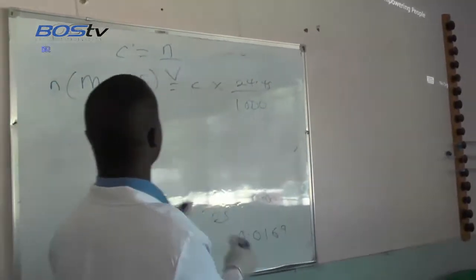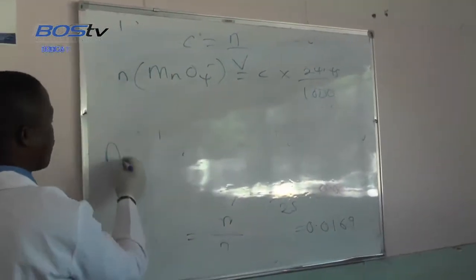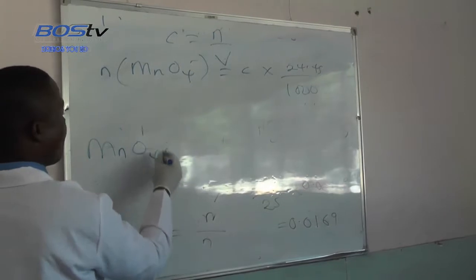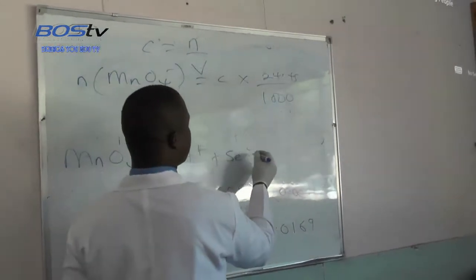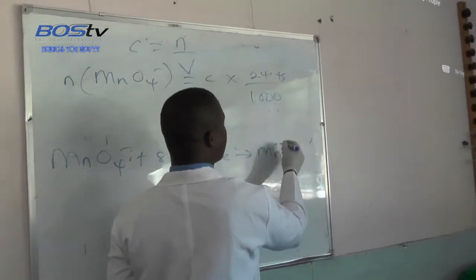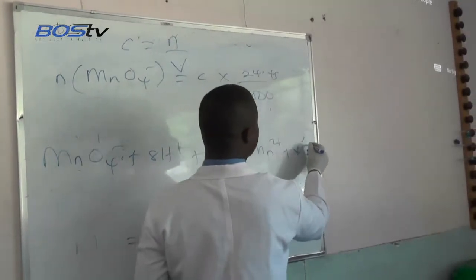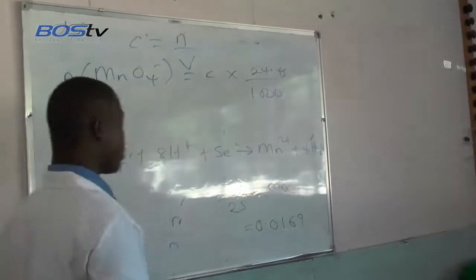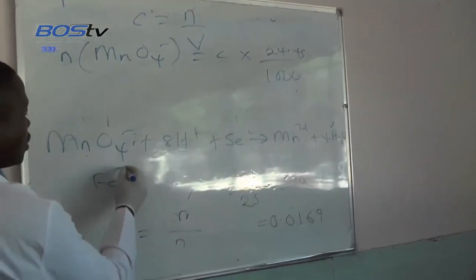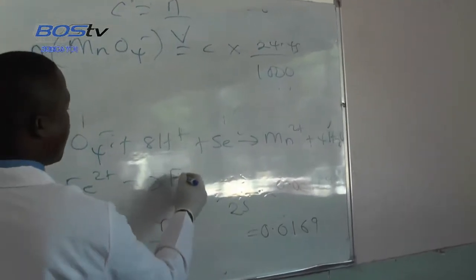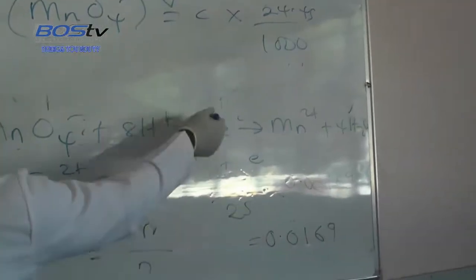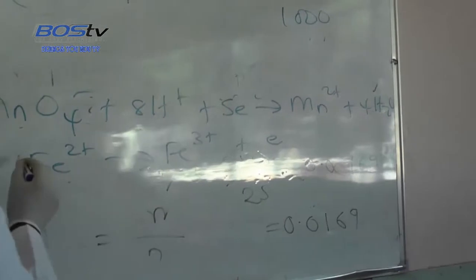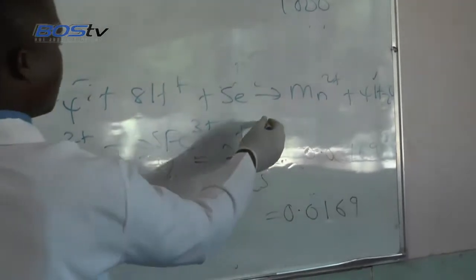Then we get the number of moles of MnO4 minus, but we have this half equation, MnO4 minus plus 8H plus plus 5 electrons gives Mn2 plus plus 4H2O. We also have this one, Fe2 plus gives Fe3 plus plus an electron. So that our electrons can cancel out, we balance by multiplying by 5.